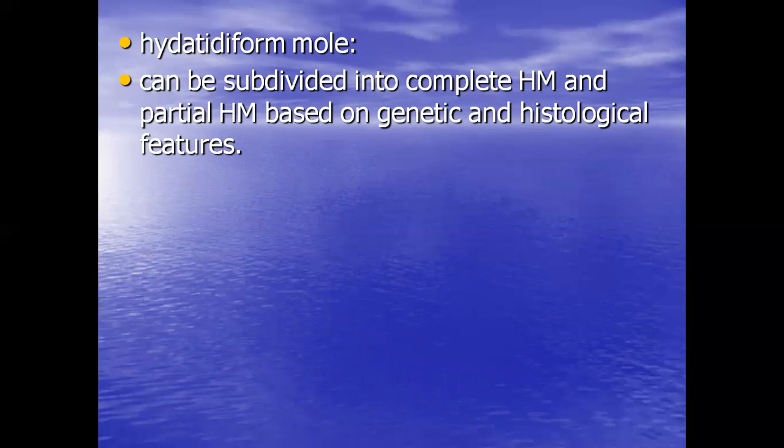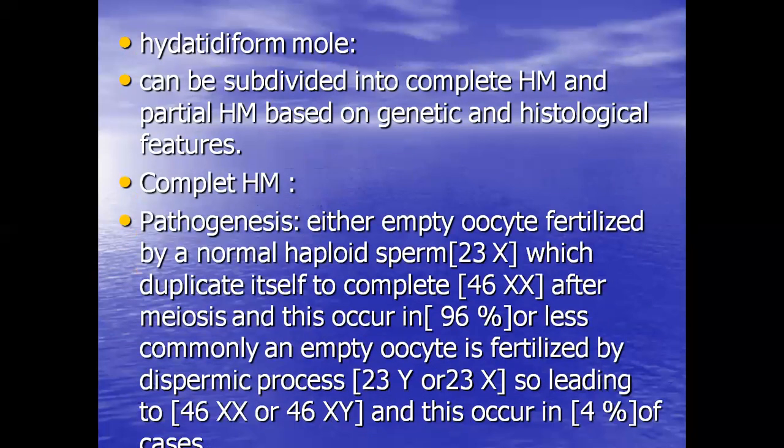On genetic and histological features. Complete hydatidiform mole pathogenesis: either we have an empty oocyte fertilized by a normal haploid sperm 23X, which duplicates itself to complete 46X. This sperm duplicates itself, so the chromosome number is restored.